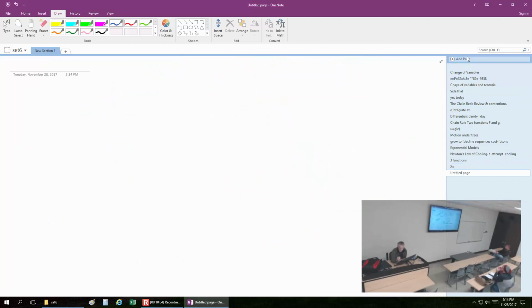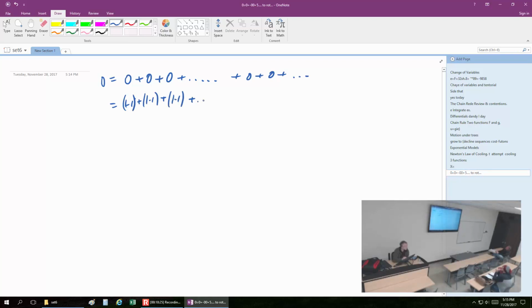So another example is also, remember this one? How does it work? So add zeros and then you split zeros into 1 minus 1. Remember this? So, and then you remove the parentheses.